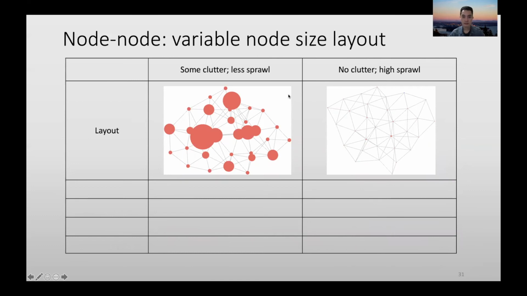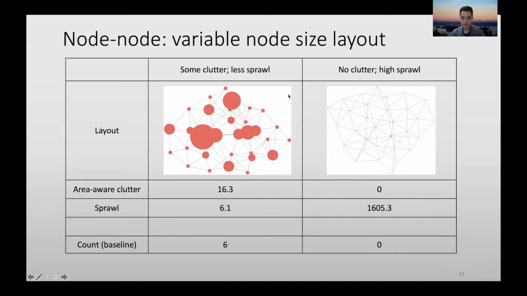Second case is about two variable node size layouts. In the first one, there is some clutter between the nodes, but it's less sparse than the right one. So for clutter, both our metric and the baseline tell a story about some clutter on the first one and no clutter on the second one.